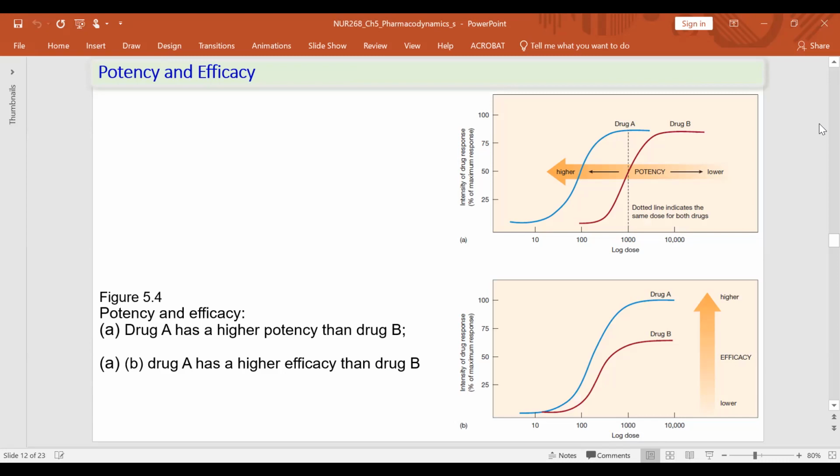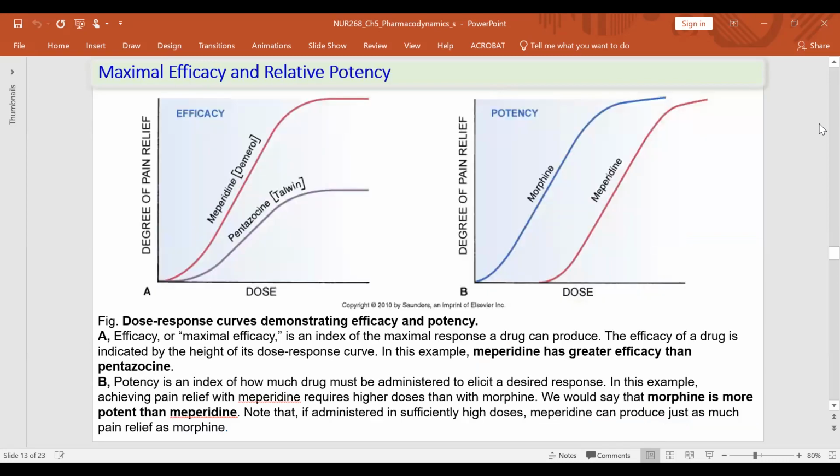In this example, the drug under A has a greater efficacy than pentazocine. Efficacy is a very important quality for any drug.